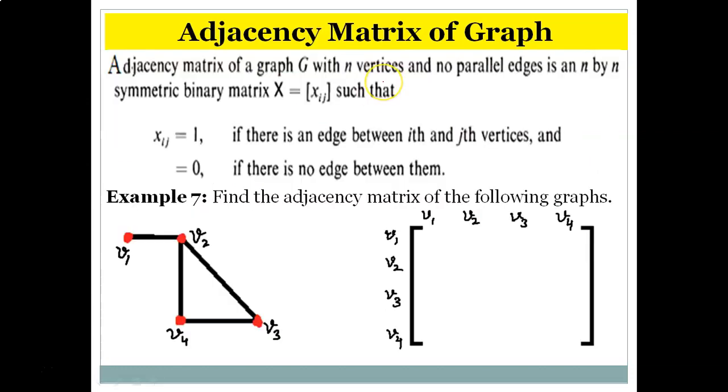Next is the adjacency matrix of a graph. The adjacency matrix of a graph G with n vertices and no parallel edges is an n by n symmetric binary matrix X equal to xij, such that the entry at the ith row and jth column is 1 if there is an edge between the ith and jth vertices, and 0 if there is no edge between them.